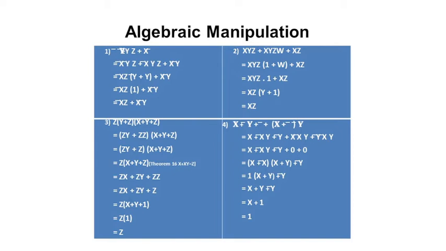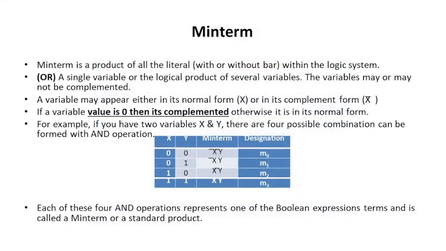So if we take XYZ as the common factor, the remaining will be 1 plus W, plus XZ. XYZ dot 1 plus XZ. Again we can take XZ as the common factor. The remaining term will be Y plus 1. So the answer is XZ. Like this we can do the algebraic manipulation.